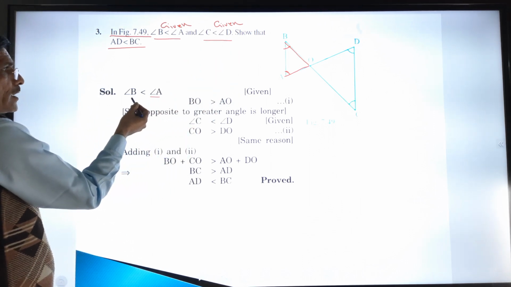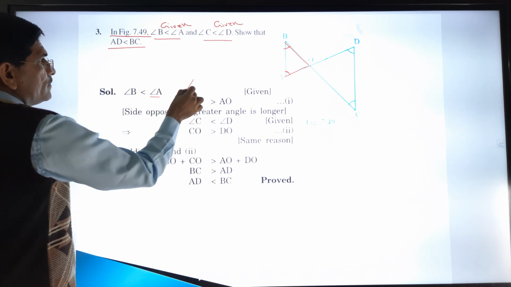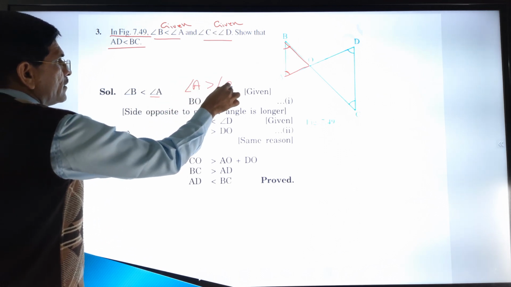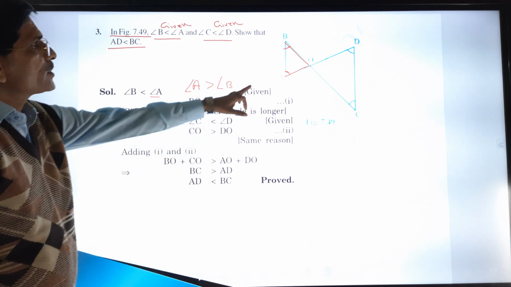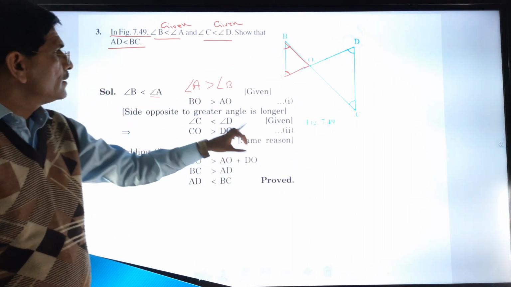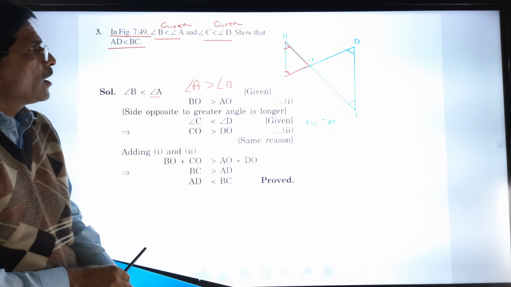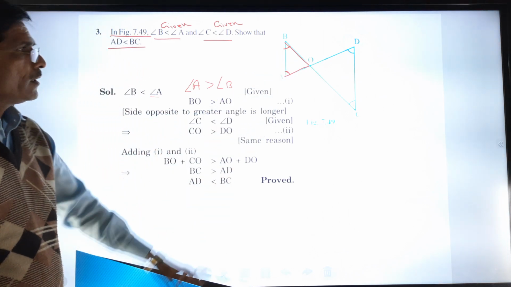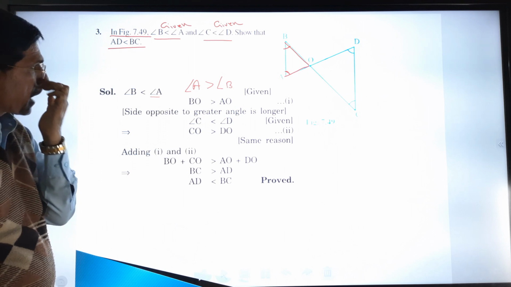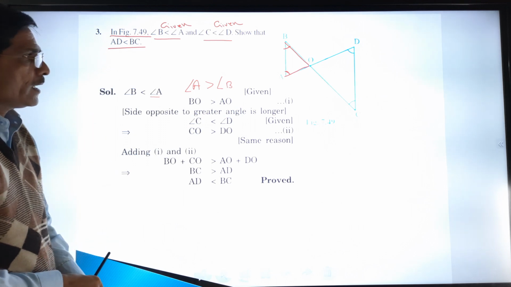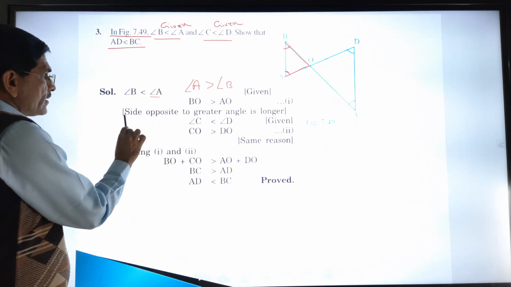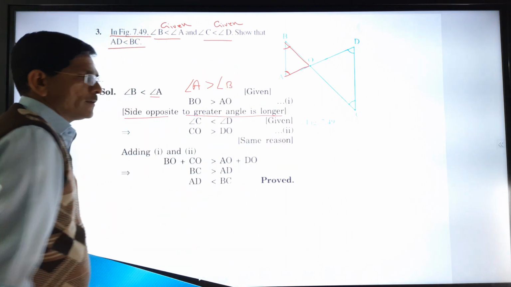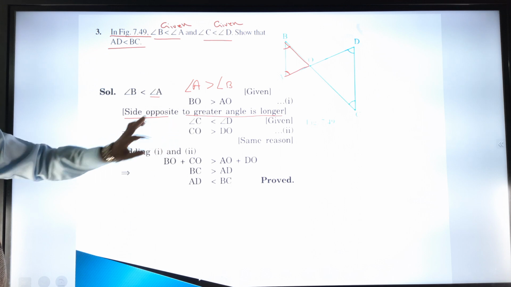Opposite of A, what is that here? That is BO. So angle B is less than angle A, and I can write angle A greater than angle B, the reverse of it. Opposite of A is BO, opposite of B is AO. That is equation number 1. Now we know that the side opposite to the greater angle is longer. Now the second.